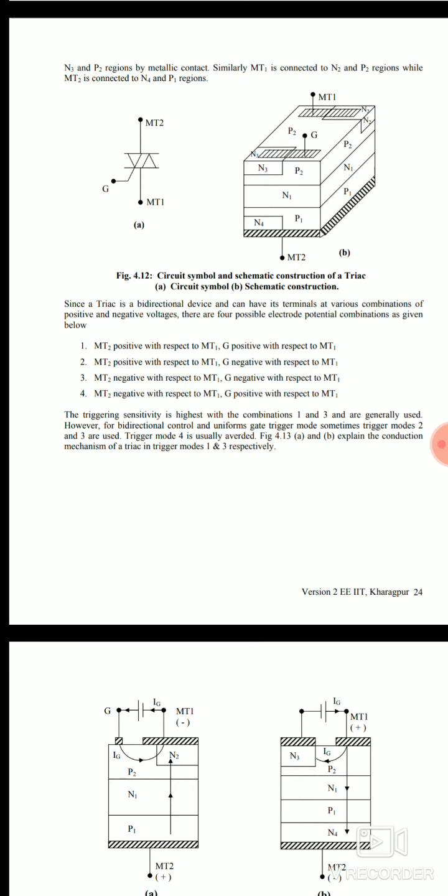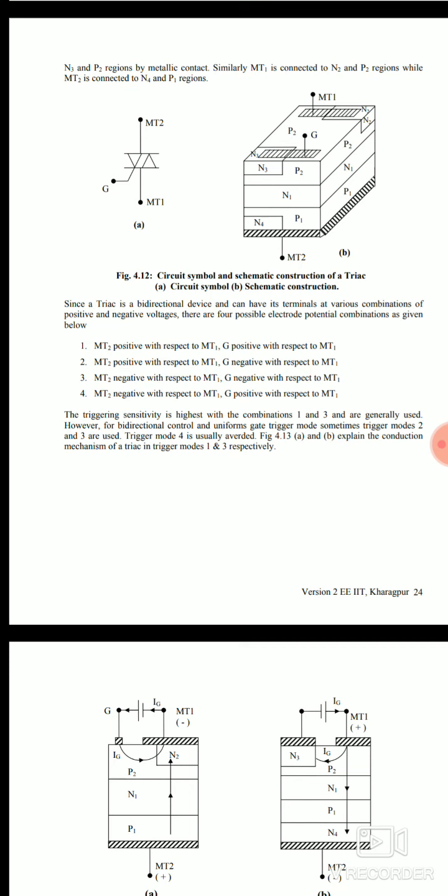The next mode of operation is when terminal MT2 is negative and the gate is negative with respect to terminal MT1. In the third mode of operation, the current flows through P2, N1, P1, N3.